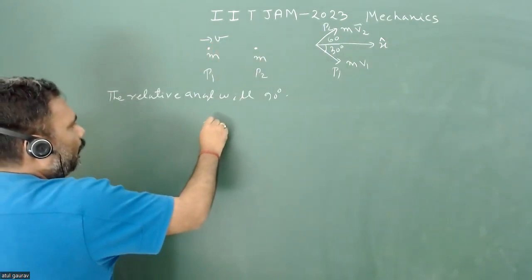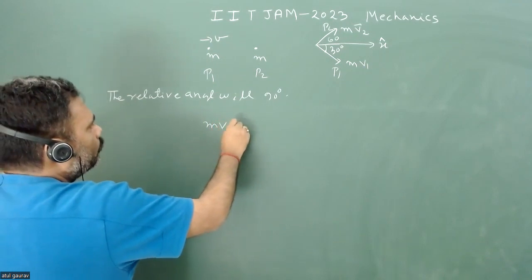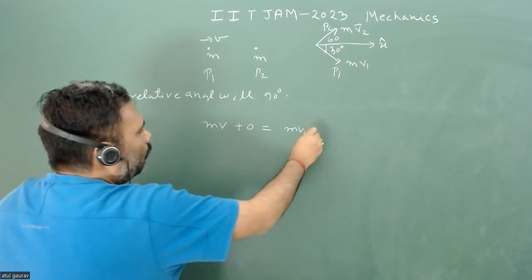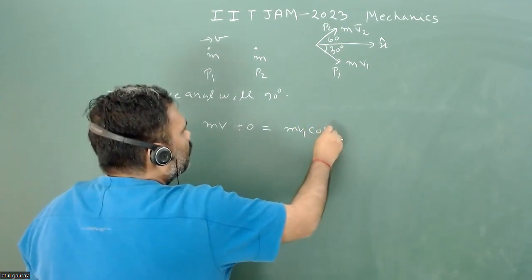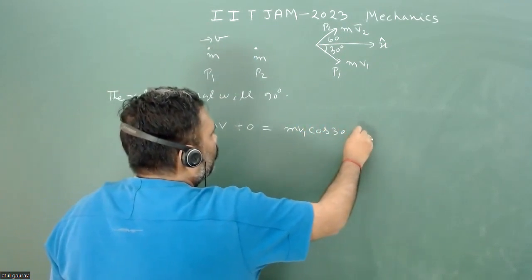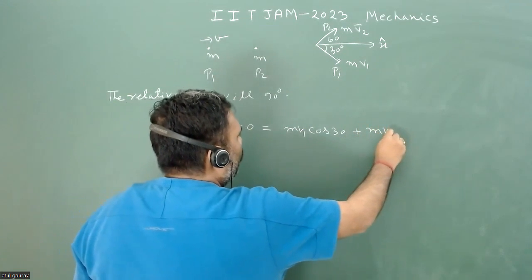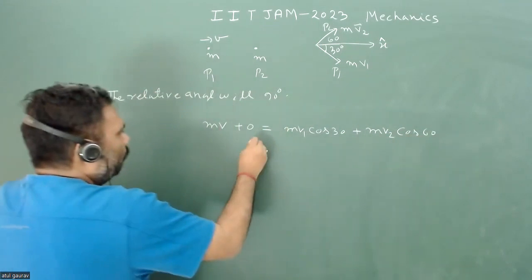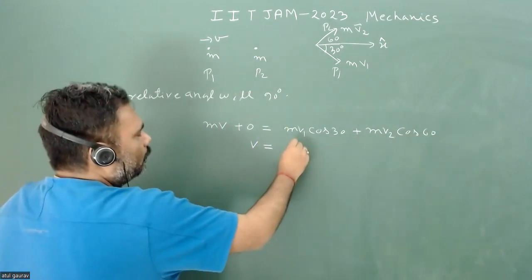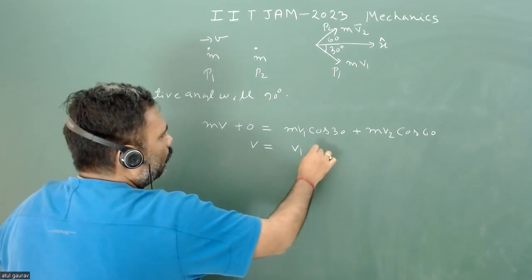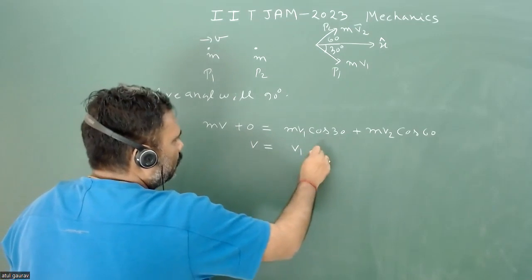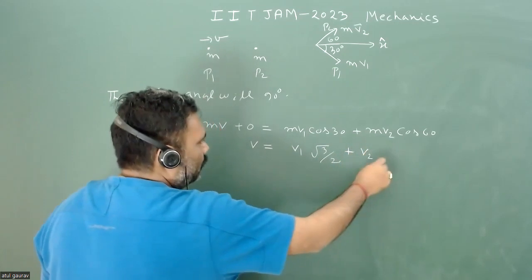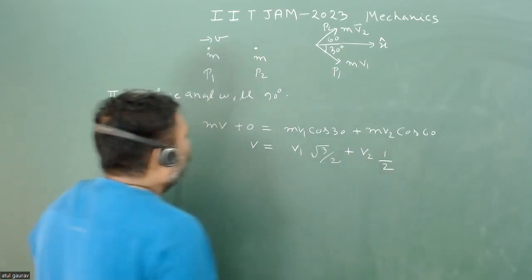So we have mv plus 0 equals mv1 cos 30 degrees plus mv2 cos 60 degrees. So from here we have one equation: v equals v1 times root 3 by 2 plus v2 times half. This is my first equation.